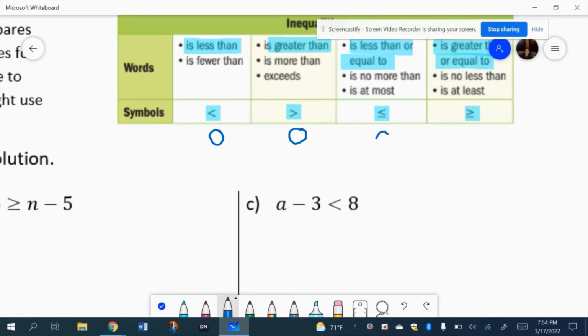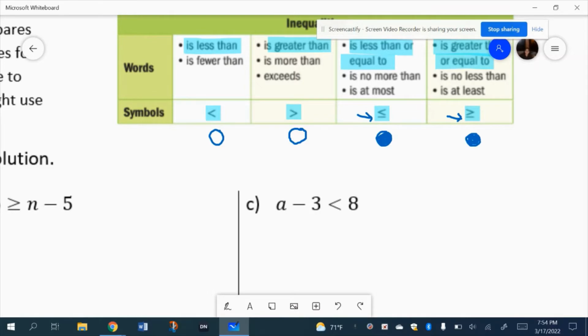These ones over here, less than or equal to and greater than or equal to, these are actually colored in, or a solid circle. And here's why. It's because they include the number. Another way to look at it, do you see how there's this little line on the bottom, that equal to part? That's what makes us remember to color in our circles.